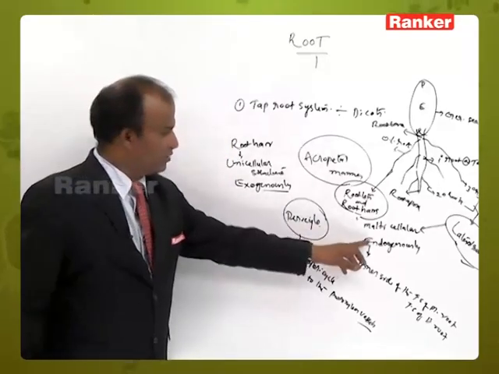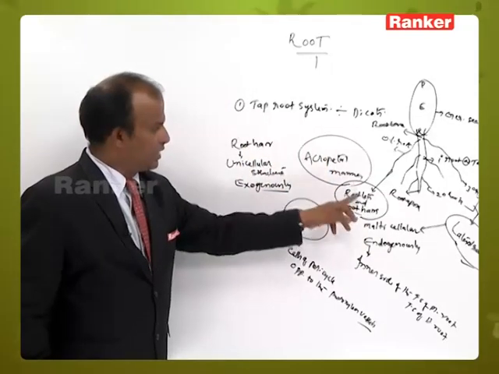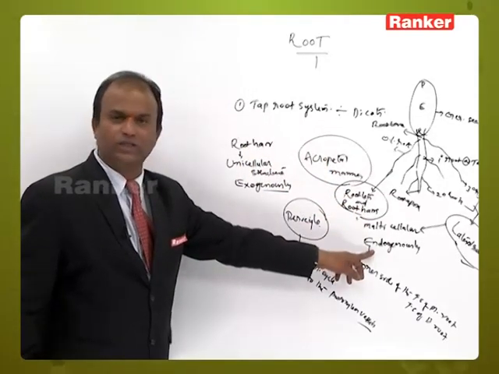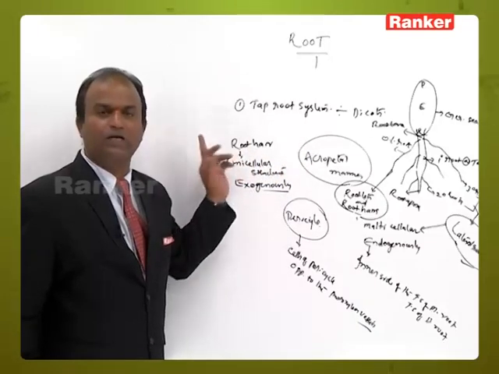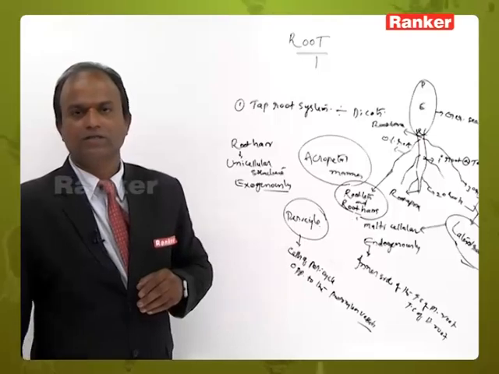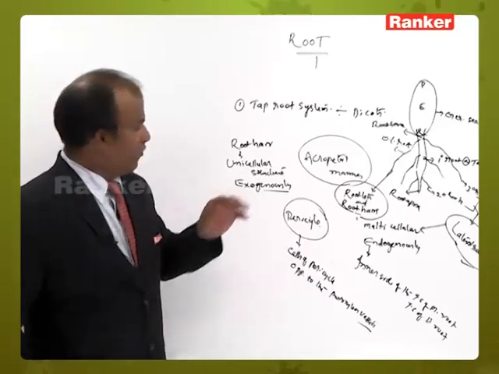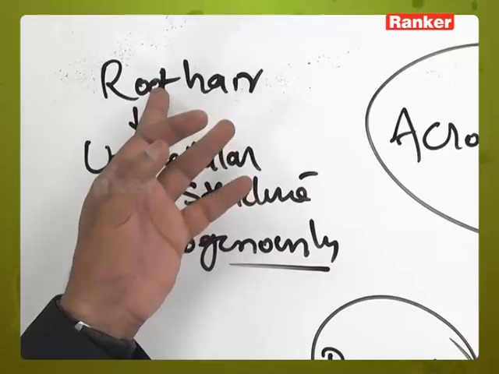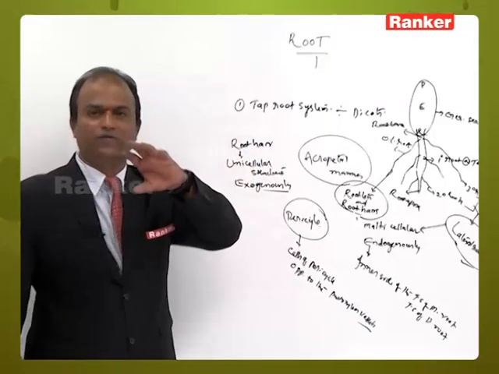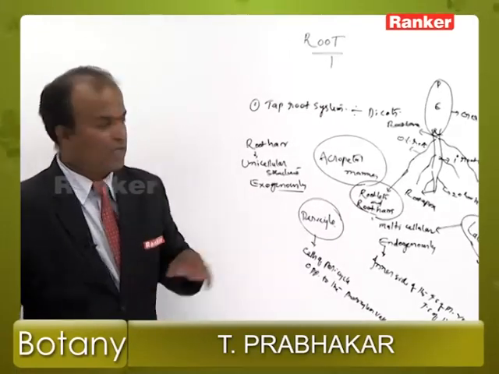Lateral roots are multicellular, root hairs are unicellular. Lateral roots develop endogenously, root hairs develop exogenously. In mesophytes as well as in xerophytes, root hairs may be ephemeral or perennial.